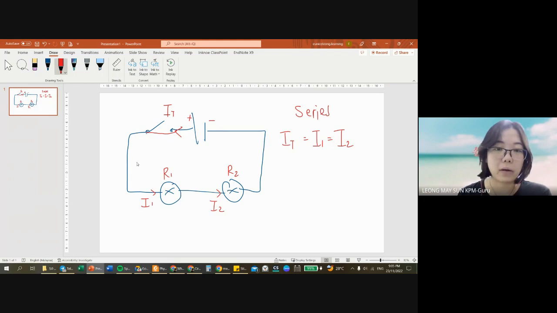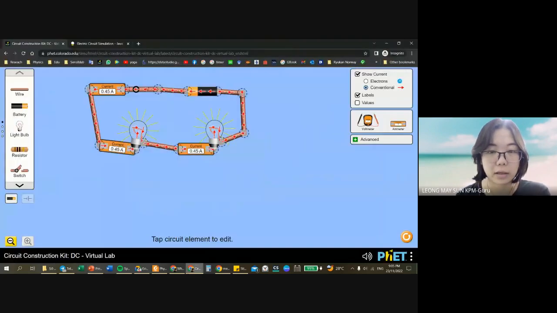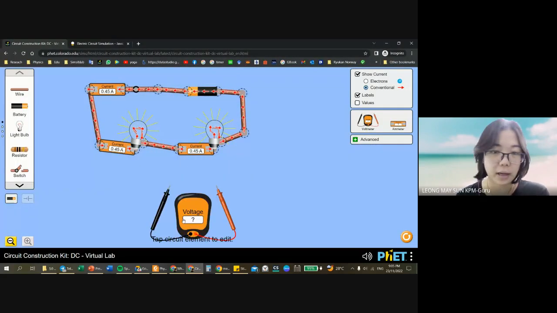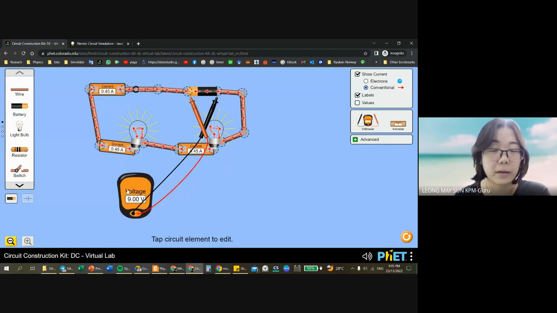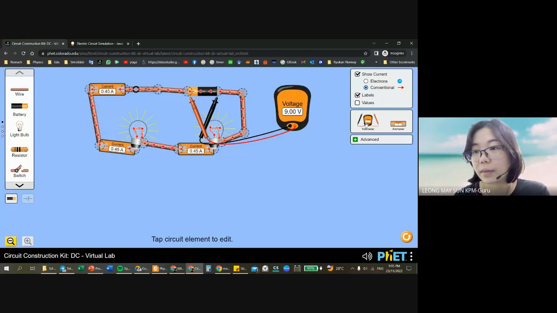Let's talk about potential difference. The power supply, the potential difference across the battery. In order to get potential difference, I'm going to take a voltmeter out. So I put this here and I put this here because the red color is going towards the positive. So the potential difference across the battery is 9 volts.